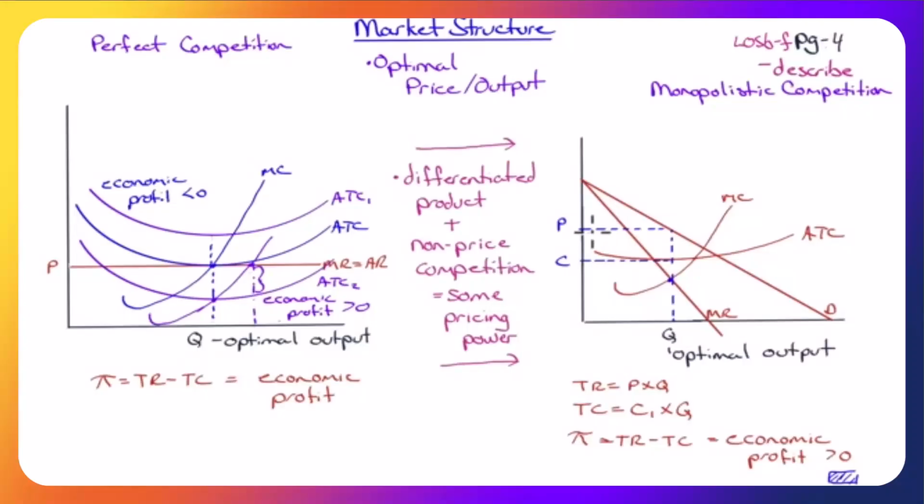So total revenue will be P times Q, will be all of this. That's total revenue there. Total costs are all of this. So our total revenue is price times quantity. Total cost is cost times quantity. So we can see that our profit will be total revenue, the larger rectangle, minus the smaller rectangle. We have economic profit greater than zero.